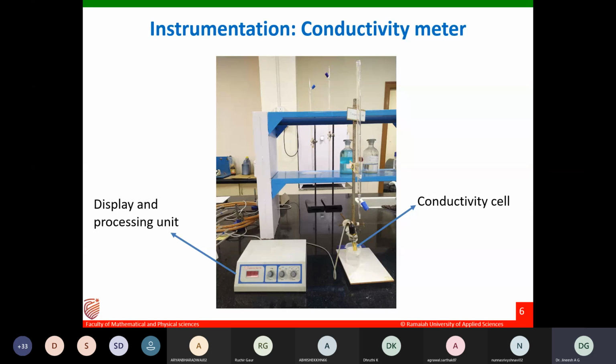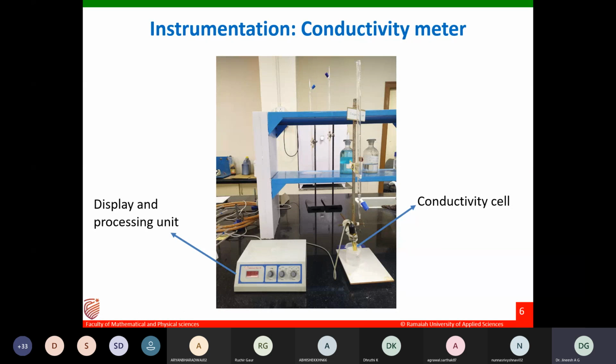Why are we using black platinum? Why are we not using white platinum? That I will discuss later. These two electrodes make the conductivity cell. Understood? Any doubt?